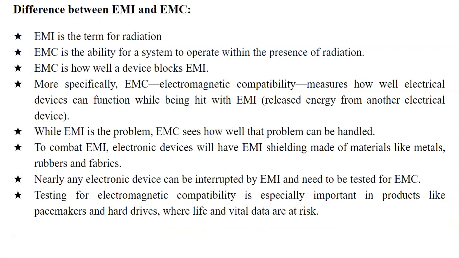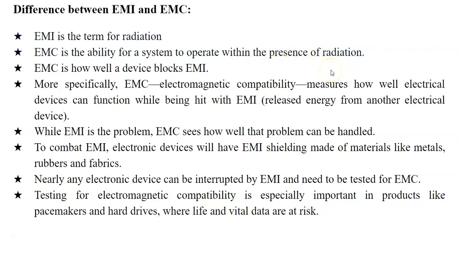So what is the difference between EMI and EMC? If you have a question on this, how do we elaborate EMI and EMC in detail? EMI is a term for radiation, and EMC is the ability of a system to operate within the presence of radiation.